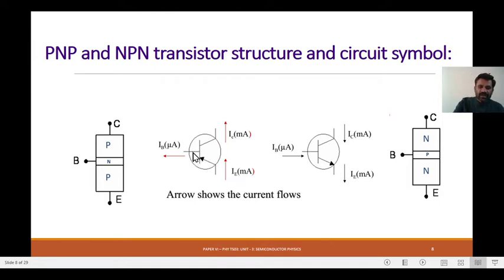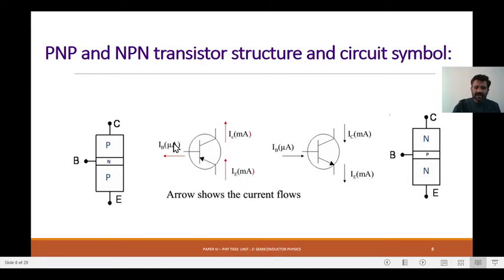Here the current which flows across the base is considered to be the base current. The current which flows across the collector is considered to be the collector current, denoted by IC, and the arrow indicates the direction of flow of current. The arrows indicate there is an emitter current.